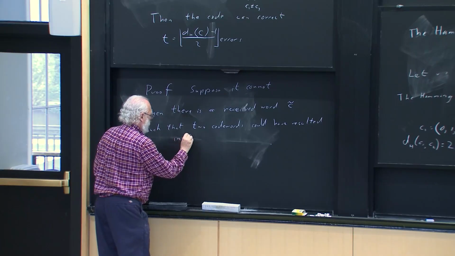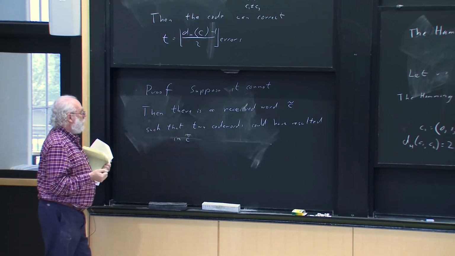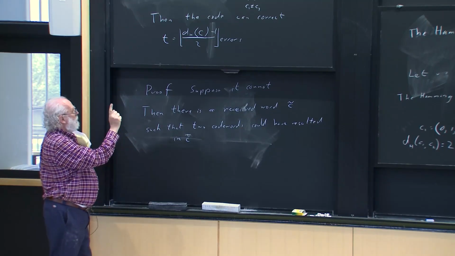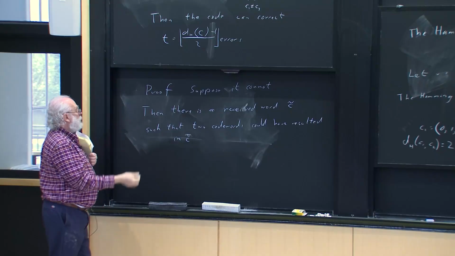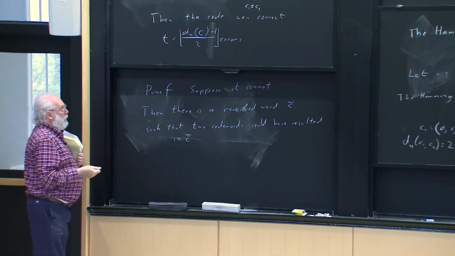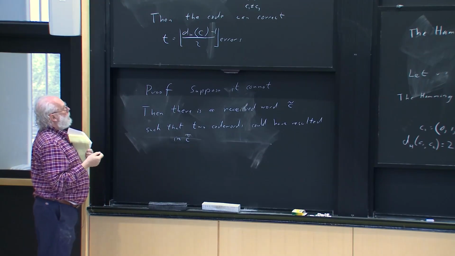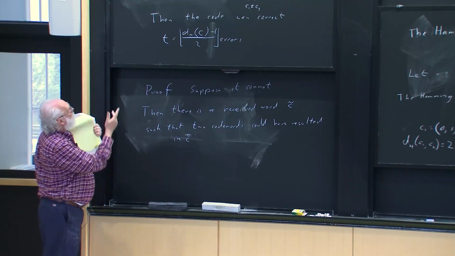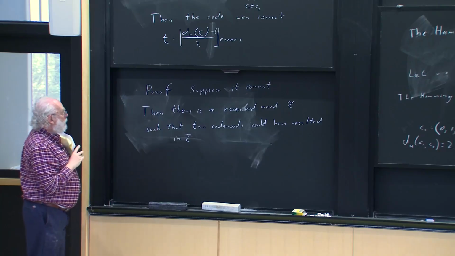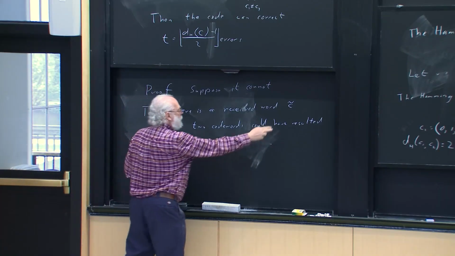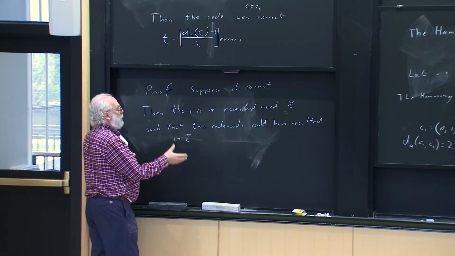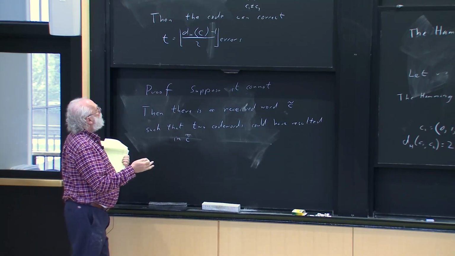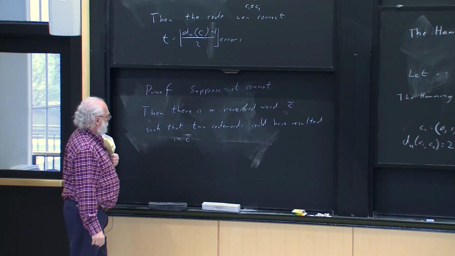I mean, this is just saying that if you can correct every word with errors to a unique code word, assuming there are no more than T errors, then the code can correct T errors. So if it cannot correct T errors, there must be some word C tilde such that there are two code words within Hamming distance T of C tilde.